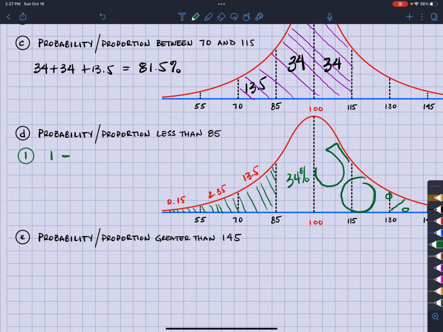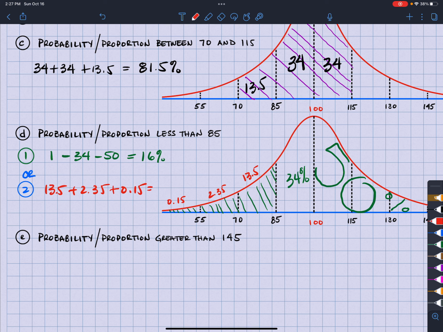So two ways. Method 1: you can say it's 100 minus 84 and get the 16%. Or method 2 would be to say, okay, I'm going to take the 13.5 plus the 2.35 plus the 0.15.